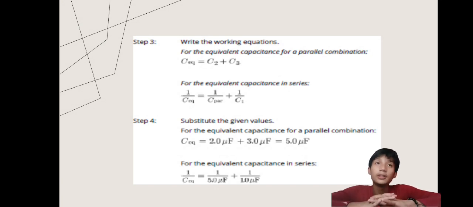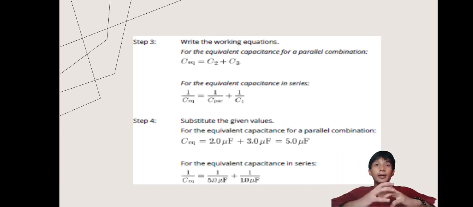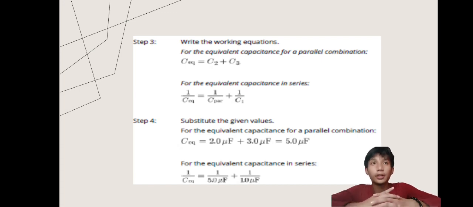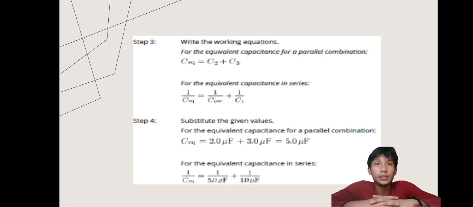Next, for the equivalent capacitance in series, the equation is 1 divided by CEQ is equal to 1 divided by C parallel, the equivalent capacitance of the parallel combination, plus 1 divided by C1.